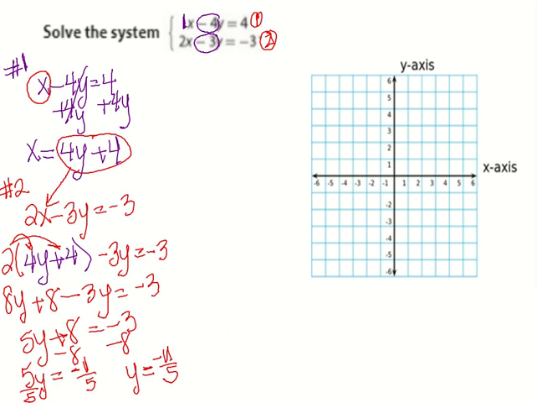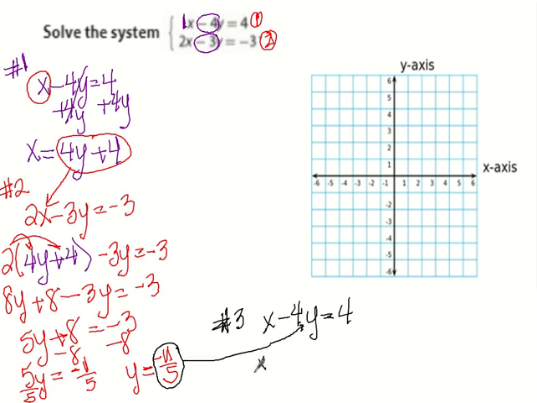All right, step 3. I go back to my original equation, x minus 4y equals 4. And now we're going to take this and put it in for y.